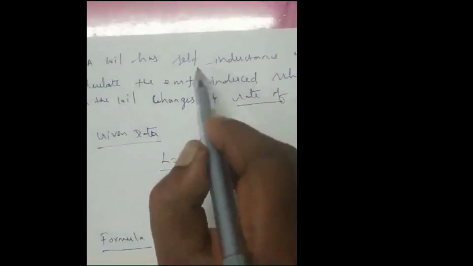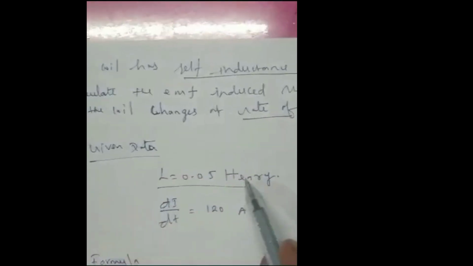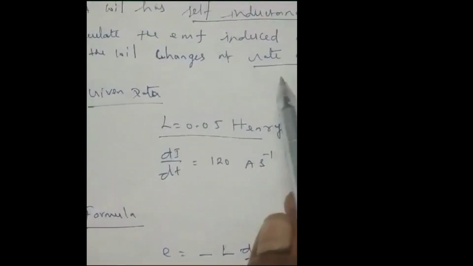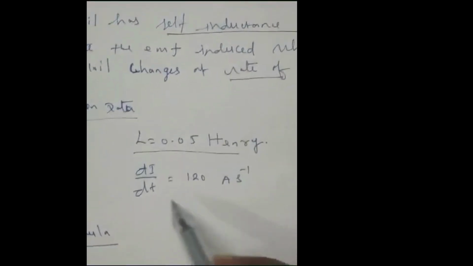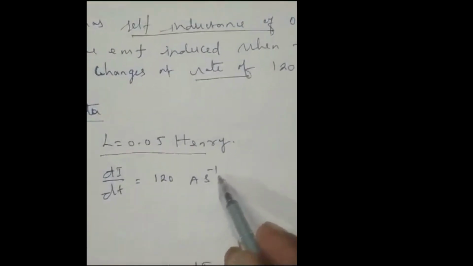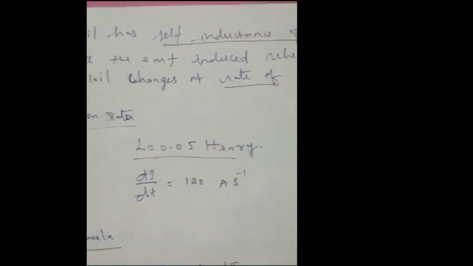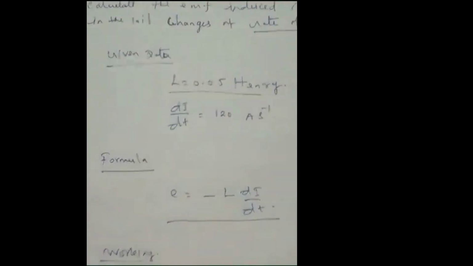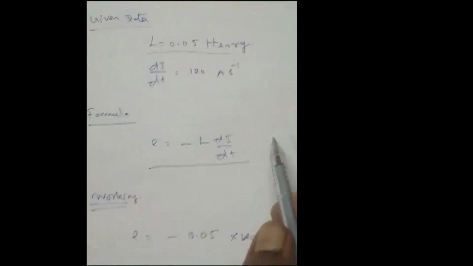So given data: self-inductance L is 0.05 Henry, and the rate of change di by dt is 120 A s power minus 1, ampere per second. What is the relation between the rate and the self-induced EMF? That is a formula, a simple one.